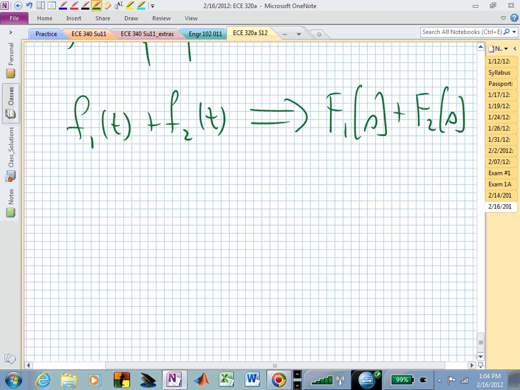Now you're going, well, that's pretty trivial. Well, those two trivial properties are very powerful. Once you have those properties, homogeneity and superposition, those are linearity properties.